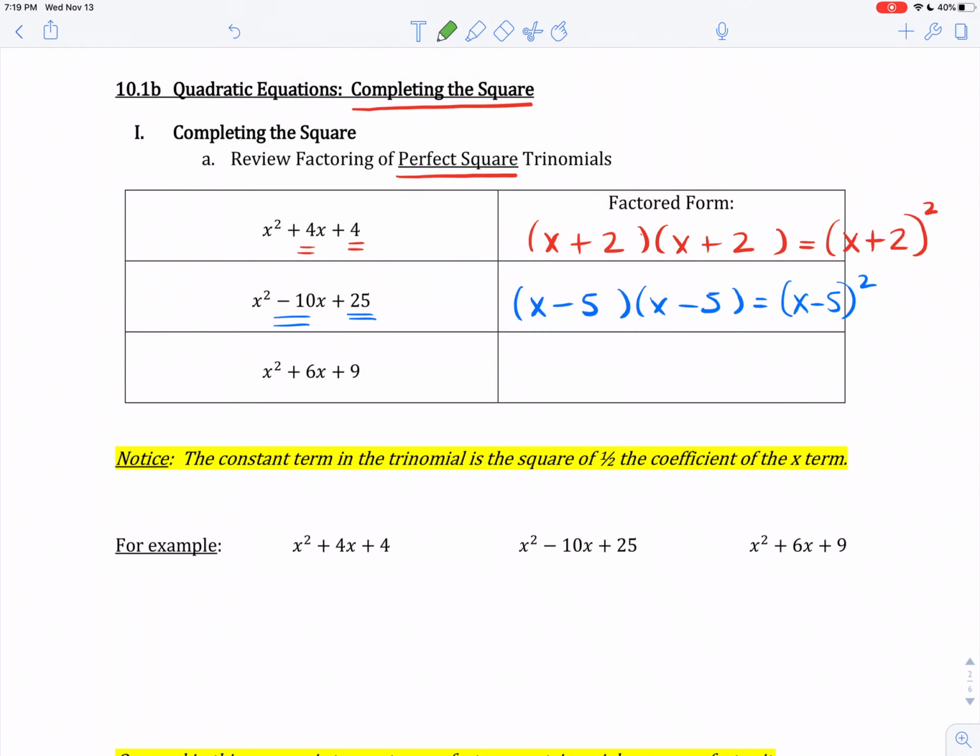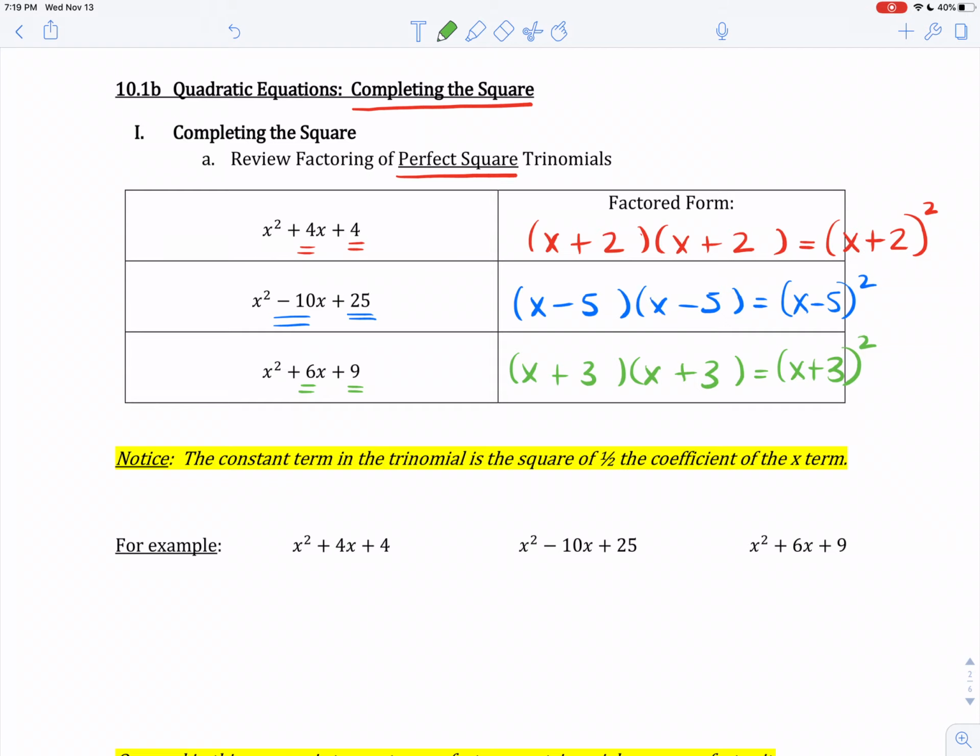And just to show you one more, if I were going to factor this last one, I would need two numbers that multiply to give me 9 and add to give me 6. That would be positive 3 and positive 3. So again, I would end up with a perfect square. And when I have a perfect square, that's when I can use the square root property, which is what we're working towards here.